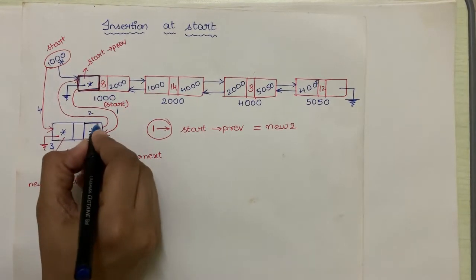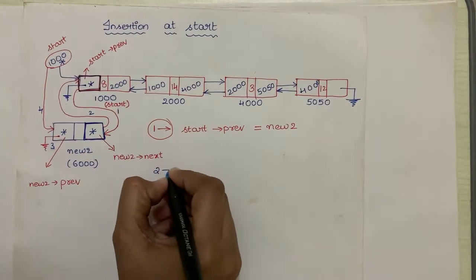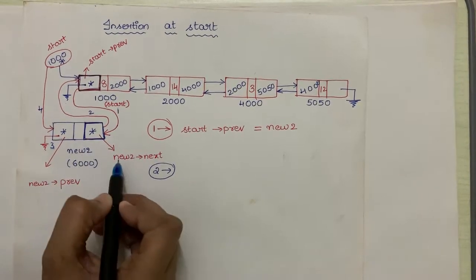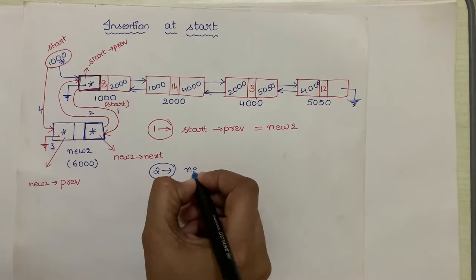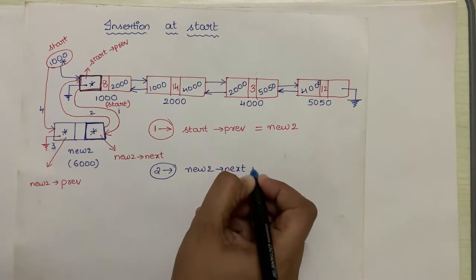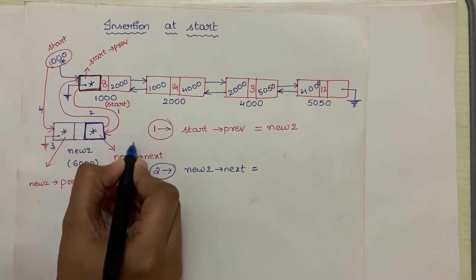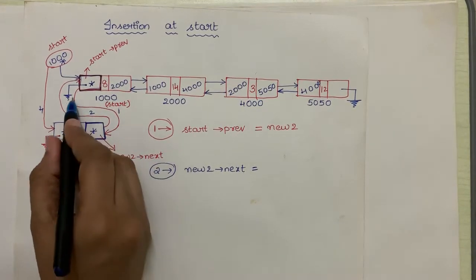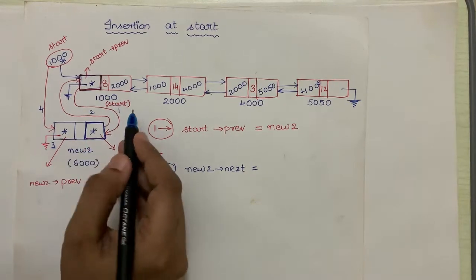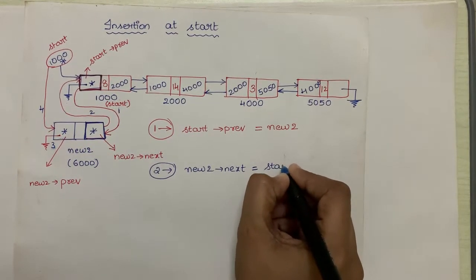Now coming to the next statement, the second one. The name of this field is new2 next. So new2 next should store the address of its next node. What is its next node? It is 1000. The name of 1000 is start. So new2 next is equal to start.